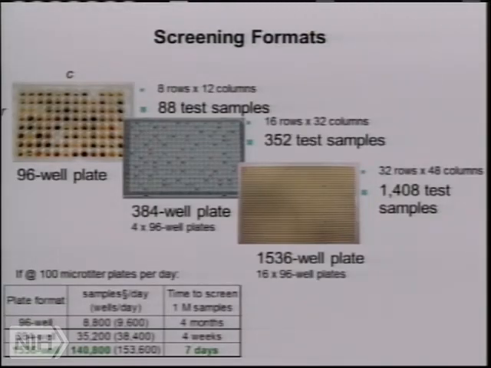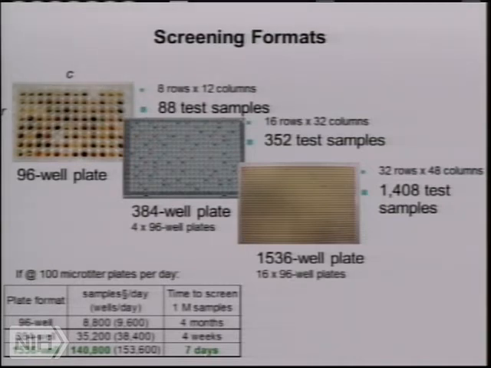And in terms of technology, what has been happening over the past decade or so is really a transition from the traditional 96-well plate format all the way to this highly miniaturized array of 1,536 well plates, where you can see one such plate is equivalent to 16 traditional 96-well plates.